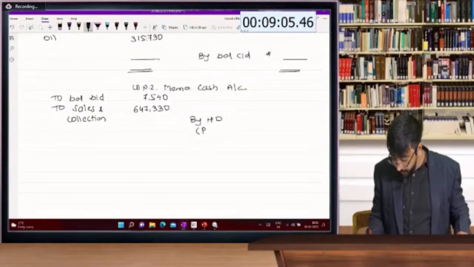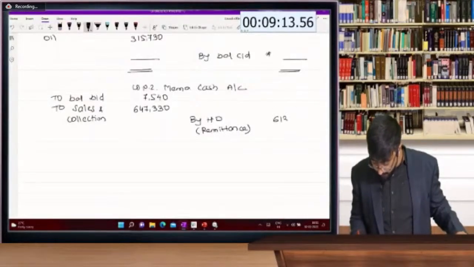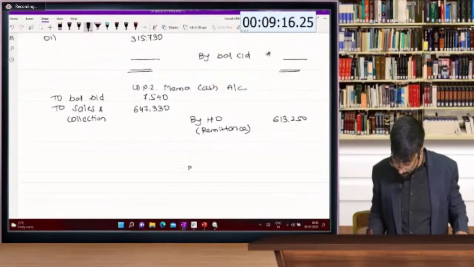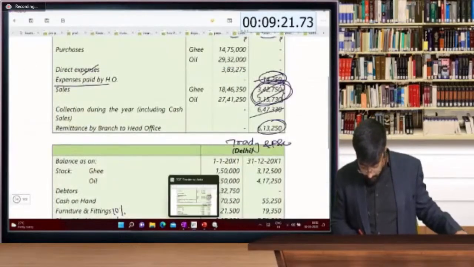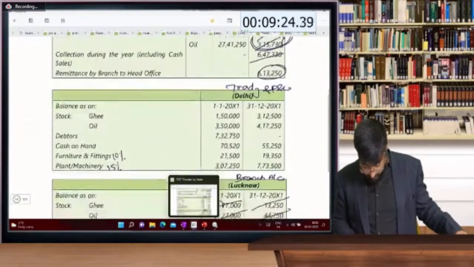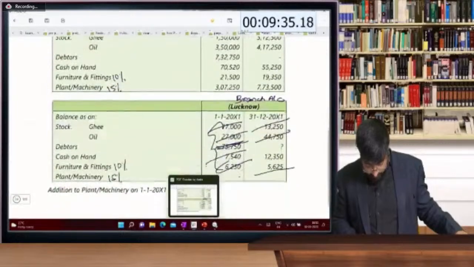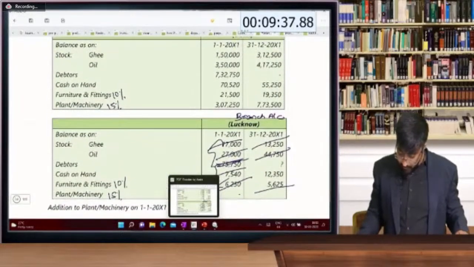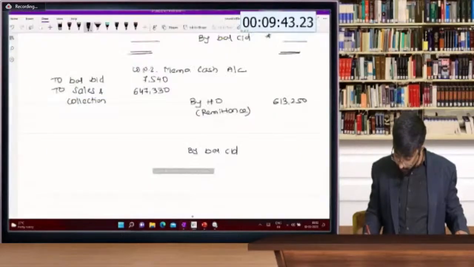HO remittance 613,250. By balance carried down, 55,250. No, sorry, 12,350.